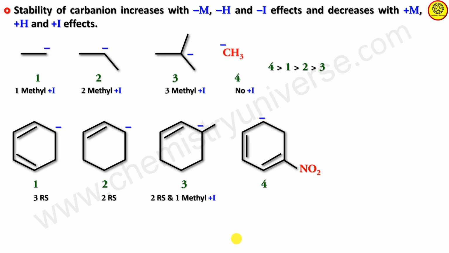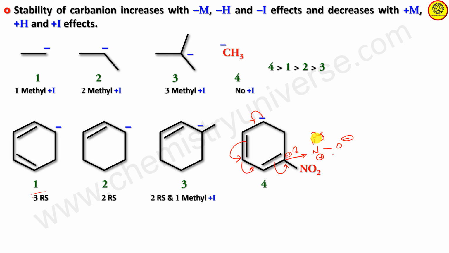Now look at the fourth one. This is interesting because here the negative one structure is this itself. This is the second one. This is the third one. But if you look at NO2, let me draw NO2 like this. You will notice one is that it has a -I of its own, strong -I because of the positive on N, and the second is when the negative is here, it is conjugated with this double bond O, so you will have one more resonating structure, more than what you saw in the case of 1.